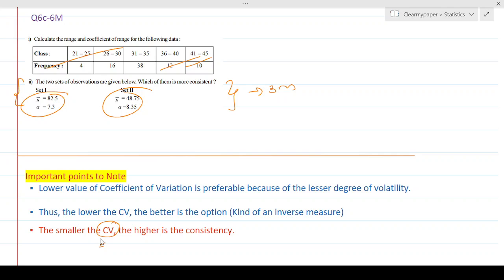And as a rule, we have seen that CV is an inverse measure. And what does it mean? The lower the value of CV, the better the consistency. So it's an inverse measure. The smaller the value of CV, the higher the consistency. So you have to find the smaller value, and whichever is smaller becomes more consistent and hence the answer. So keep that in mind.